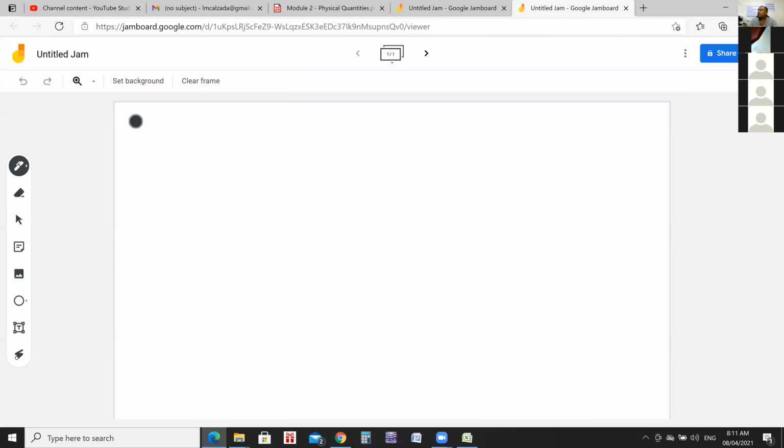Say for example, vector A, 5 Newton at 30 degrees north of east.